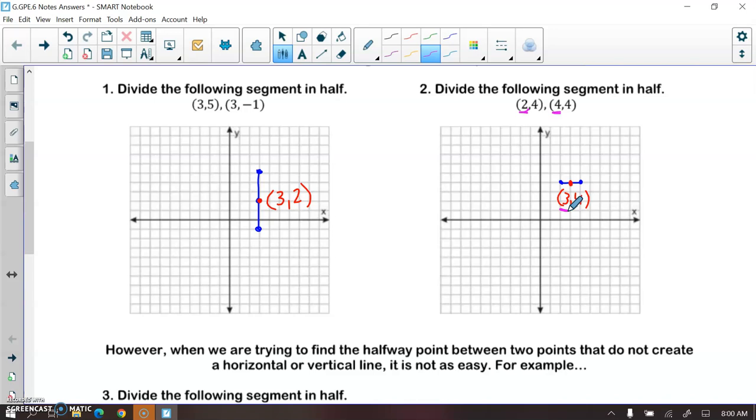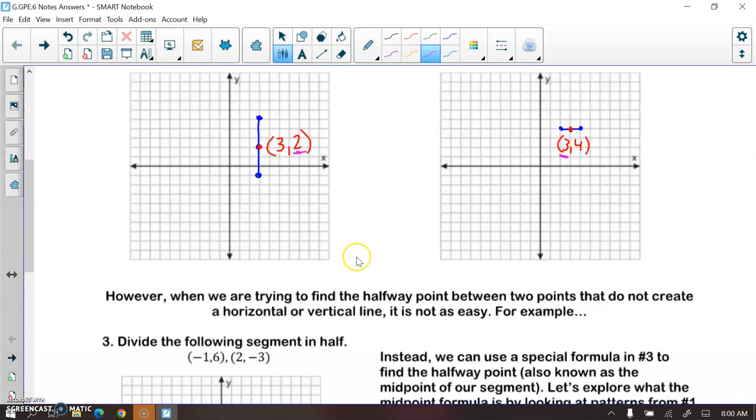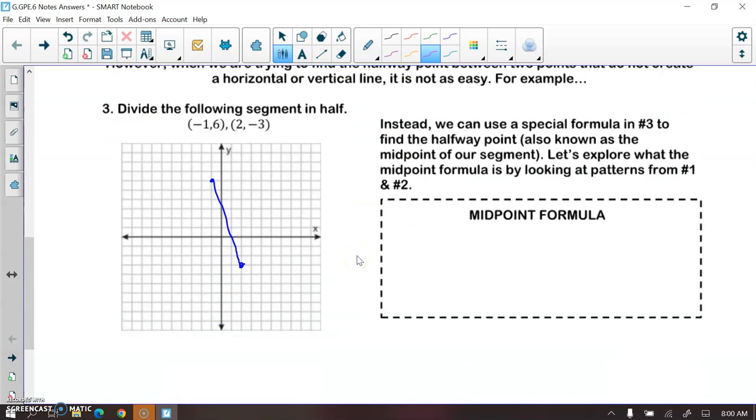That works, and if I try it for my y values on number 1, 5 and -1 to get a y value of 2, if I add my two y values together, 5 plus -1 is 4, and divided by 2 gives me that y value of 2 for my midpoint. So that actually works.